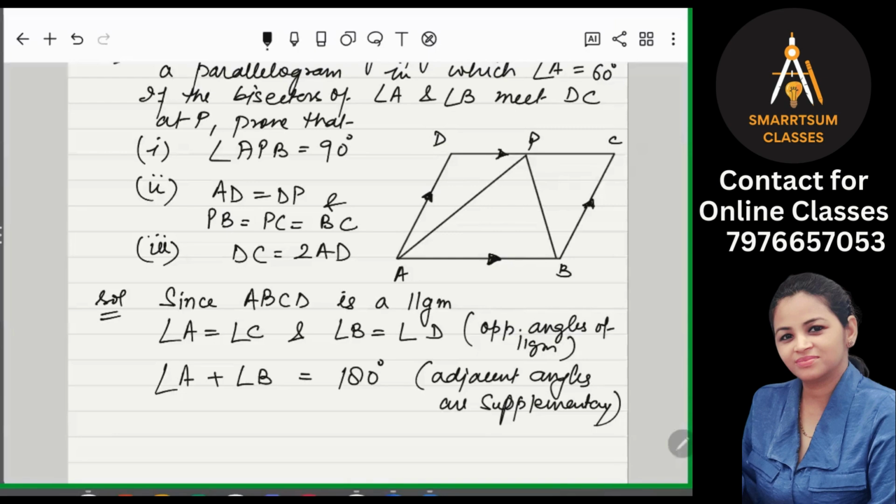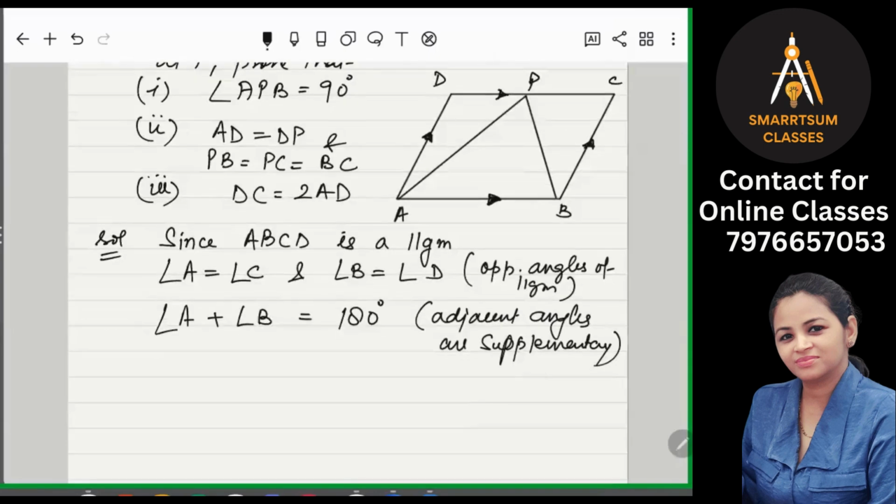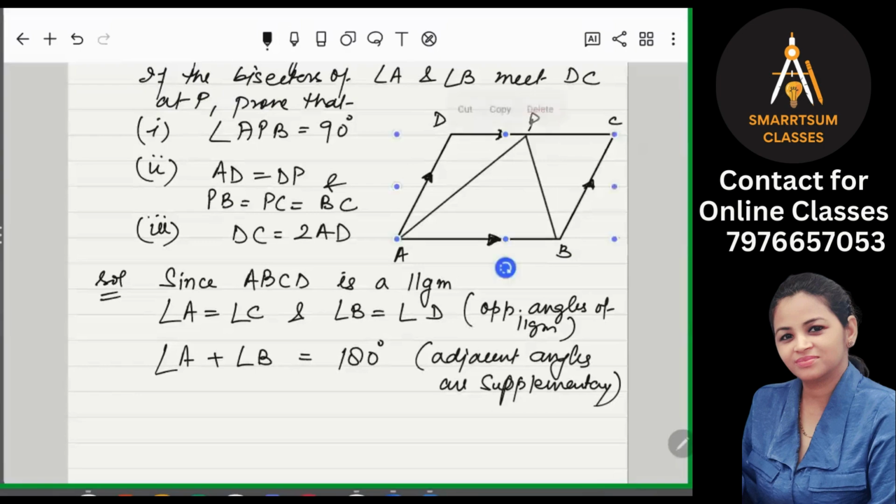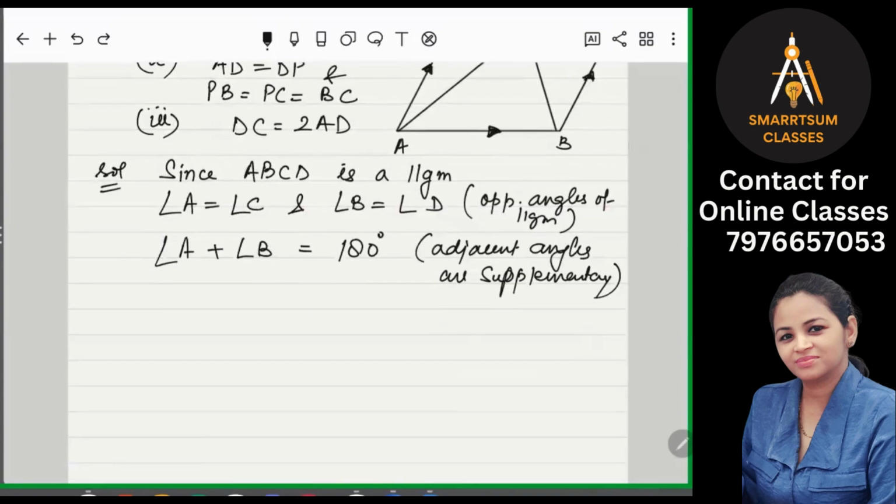So if this is so, angle A plus angle B is 180 degrees, and angle A is already given to you. Angle A is 60 degrees. This is already given. So angle B will be equal to 180 minus angle A, which is 60 degrees. That is 120 degrees. Getting that?